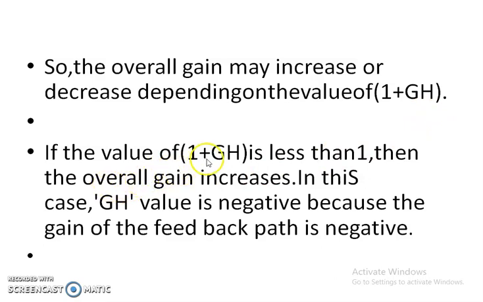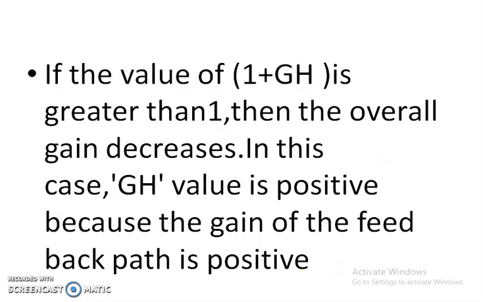If the value of 1+GH is less than 1, then the overall gain increases. In this case, GH value is negative because the gain of the feedback path is negative. If the value of 1+GH is greater than 1, then the overall gain decreases.